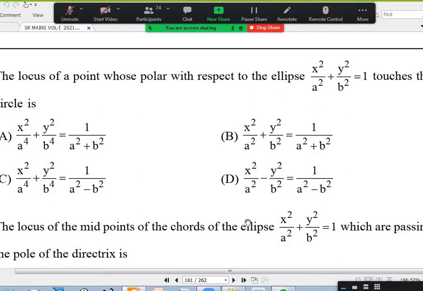Any doubt about 81? Anyone want to explain how to do 81?